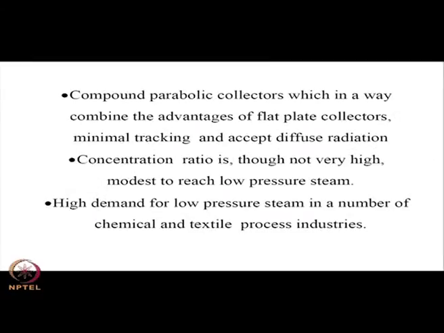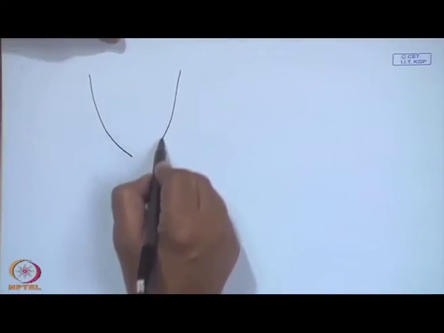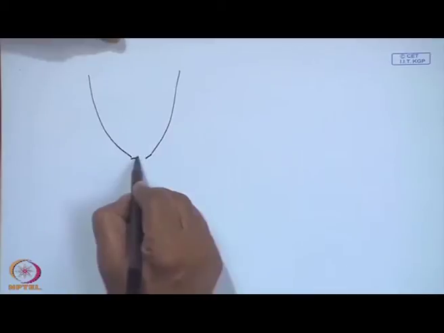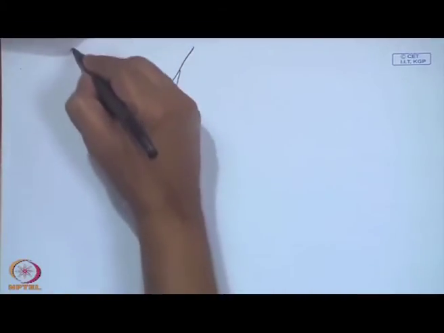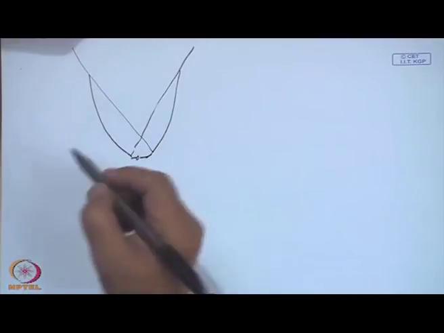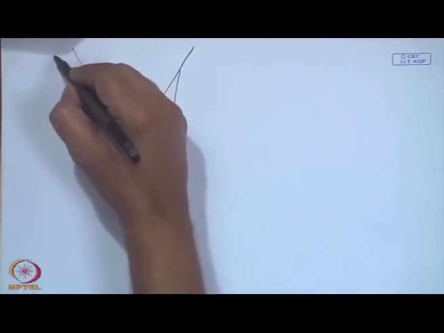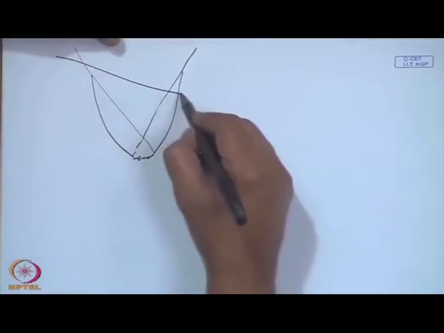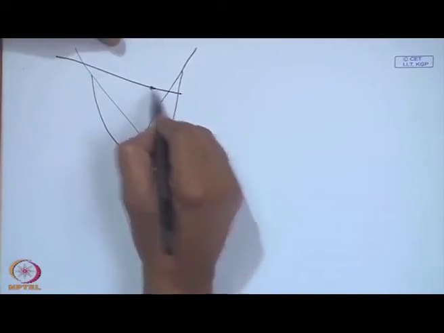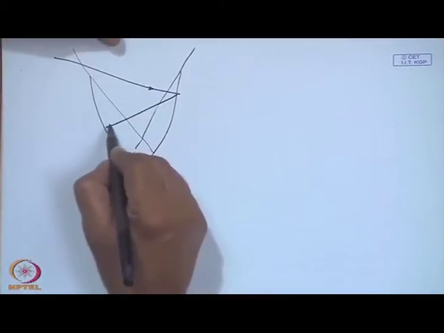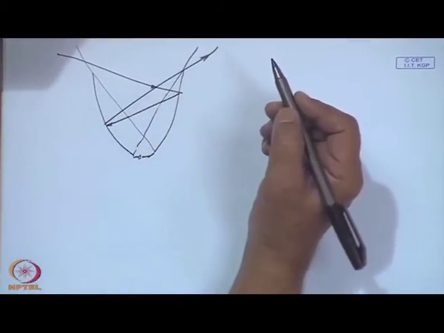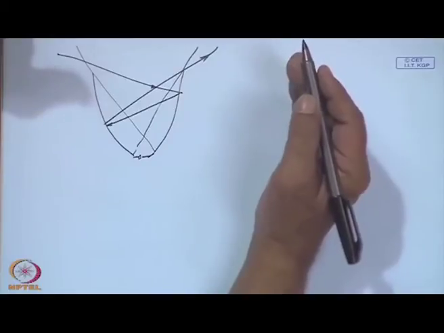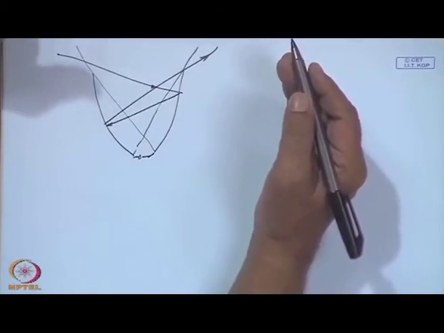Then the significance of the acceptance angle: any ray coming beyond this will have multiple reflections and get out of the compound parabolic collector.